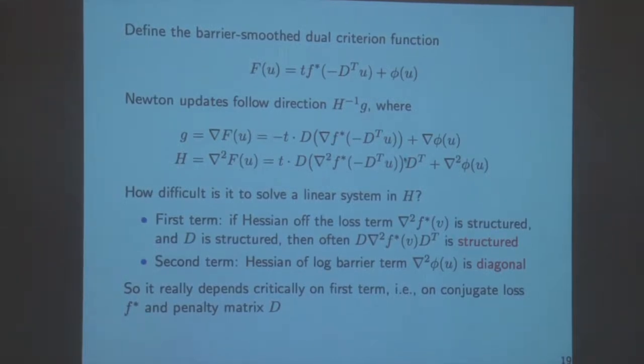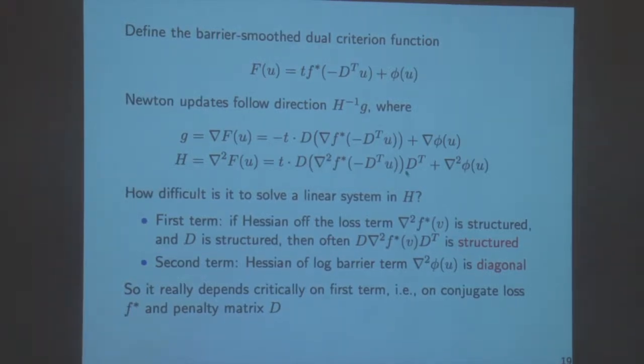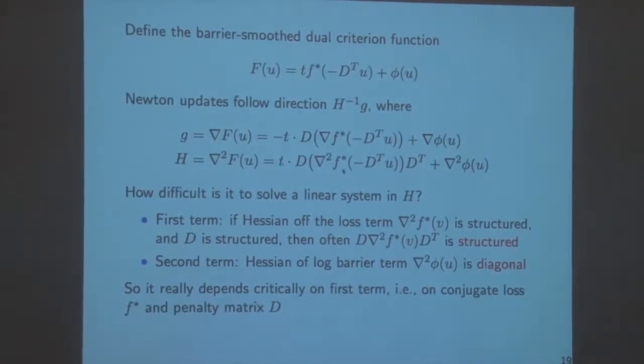What about this? This is really where the critical difference is. Well, there are two components here. The first is the Hessian of the conjugate function, and the second is the d and the d transpose on the outside. If the Hessian of the conjugate function is structured, and d and d transpose are structured, then this looks like d times a structured matrix times d transpose, which is still a structured matrix.